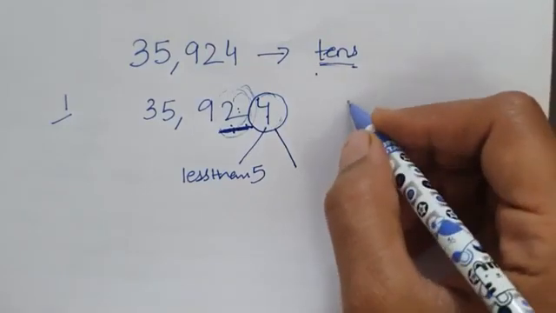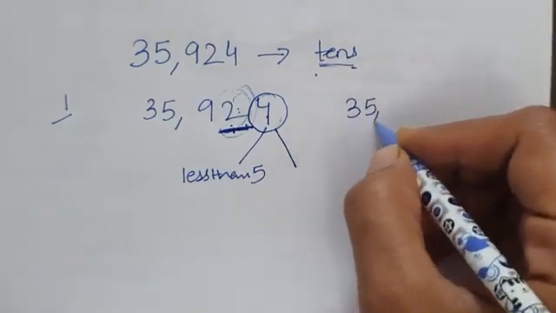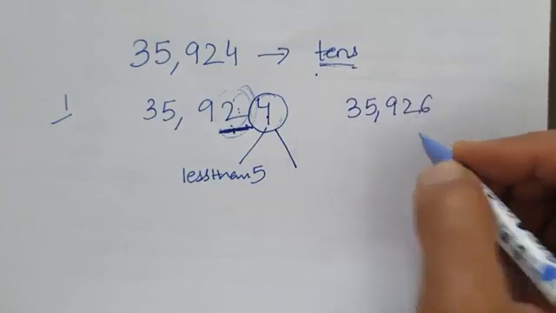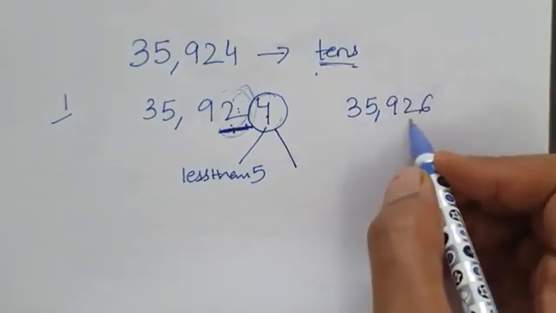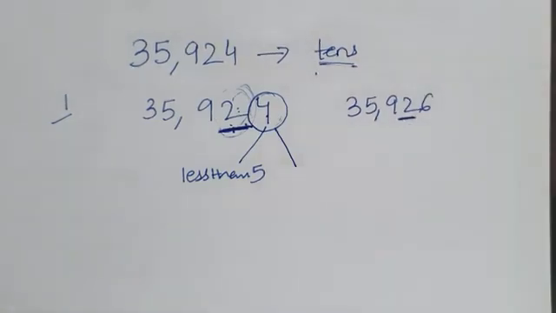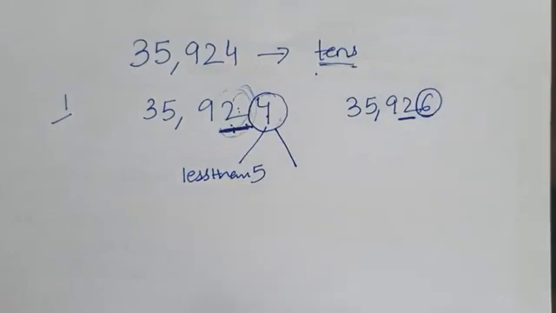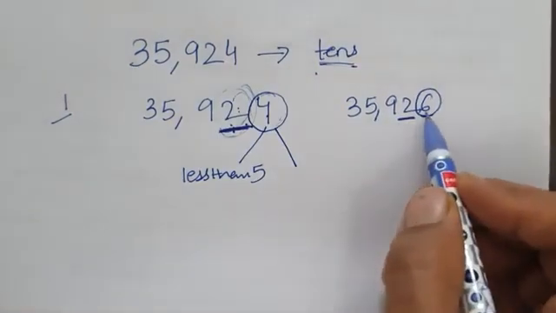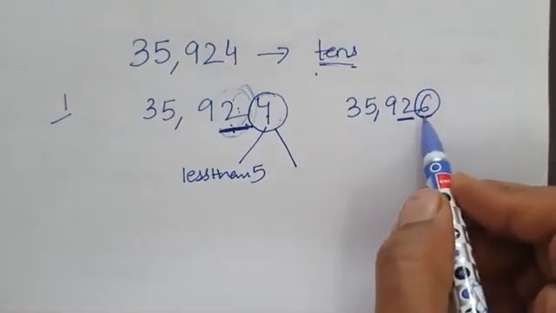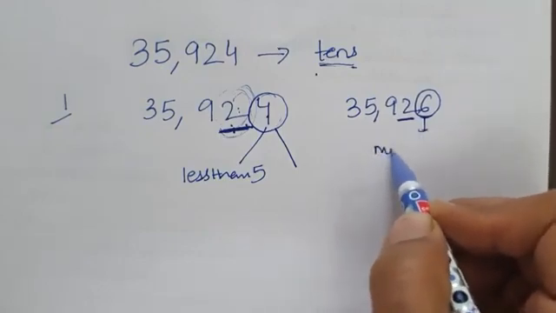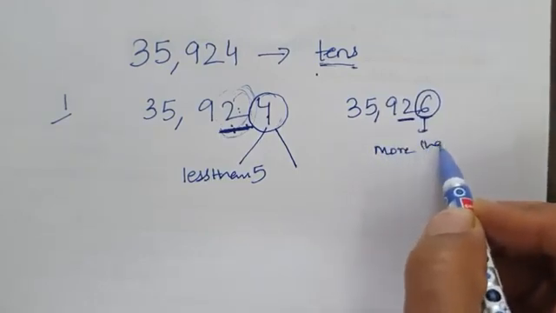But let us suppose we are having this number and we have to round off to the nearest tens, that is, underline this digit, then circle the digit just next to it. Now since this is not less than 5, this is more than 5.